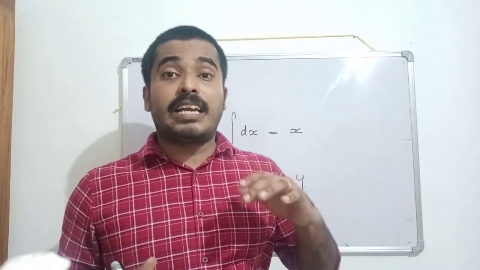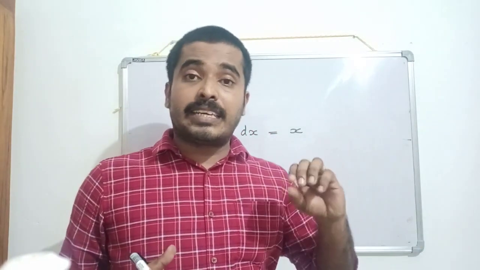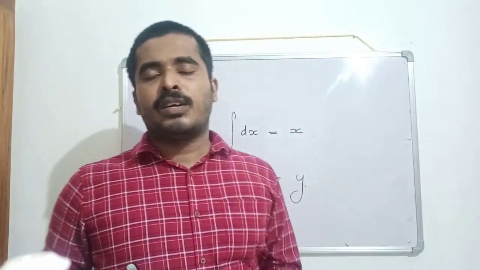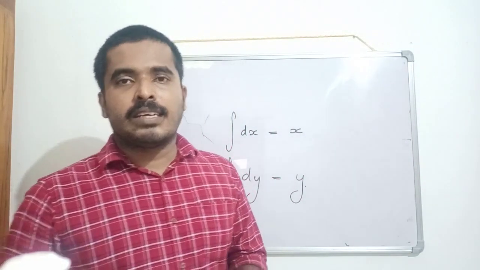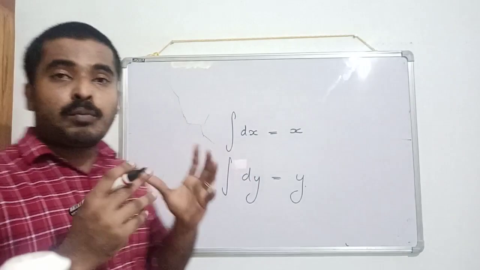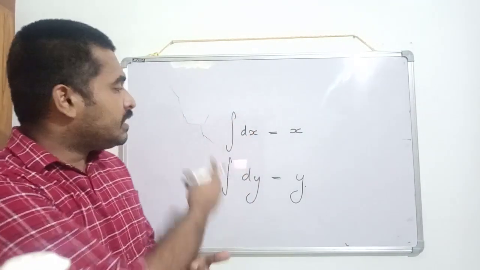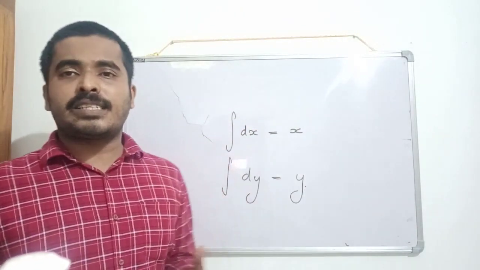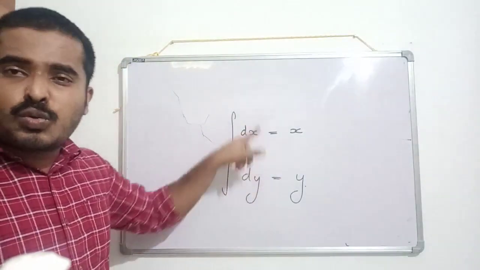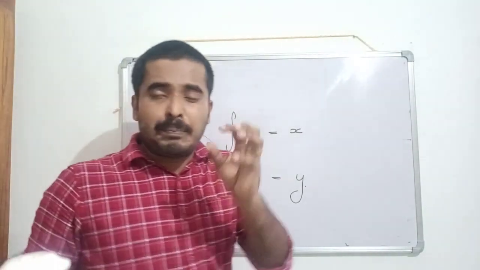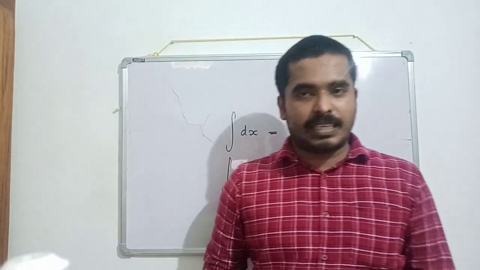What about integral dt? t. Integral dr, r. Integral dp, p. Very simple. You will learn more about integration in your mathematics classes. Now we need only these two simple results. We are just doing a basic calculation using integration.